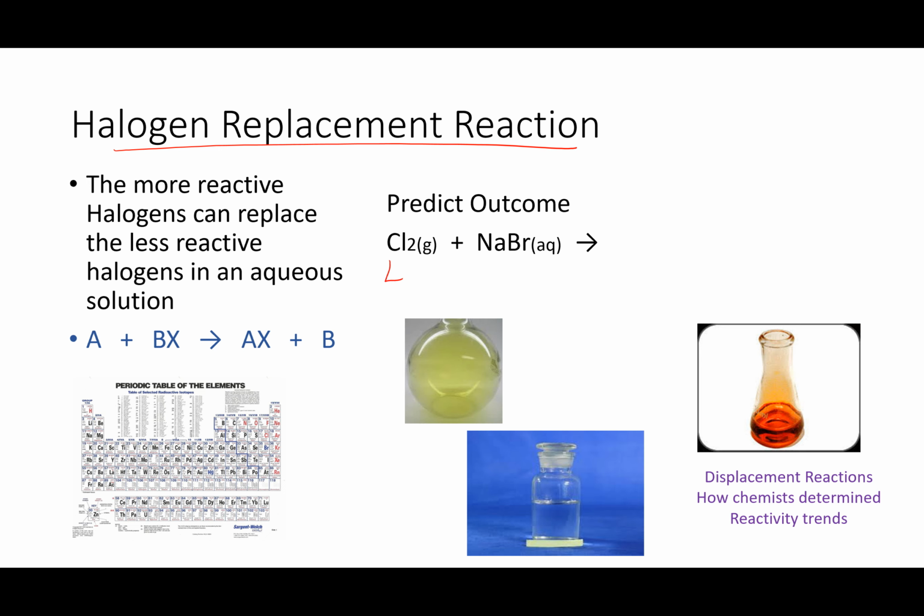We have an element plus a compound, and we're going to end up on the other end with a compound plus an element. So the chlorine, which is more reactive, it is above bromine on that periodic table, more reactive. Chlorine's going to come in, and it is going to kick out bromine and take its place.